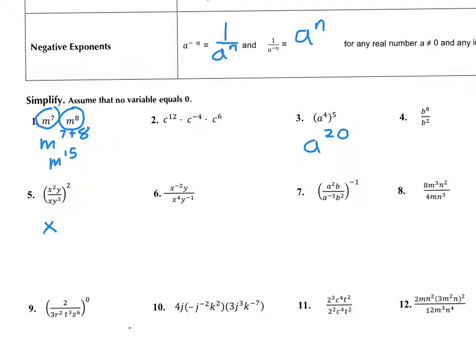So if we get rid of 1 on top and 1 on the bottom, there's 1 left on top. The bottom has 2 more y's than the top does. So the top has 1, the bottom has 3. So there's 2 more on the bottom. And then this is squared. That becomes x squared over y to the 4th.